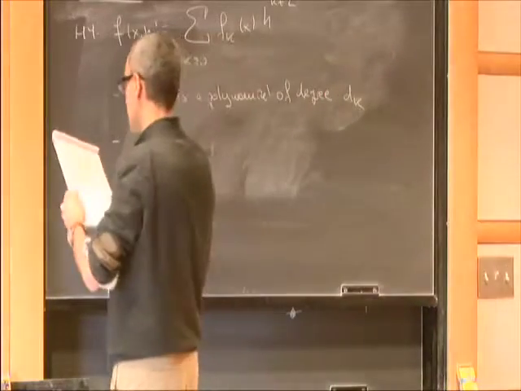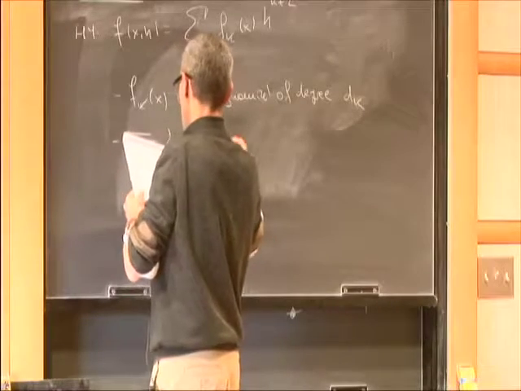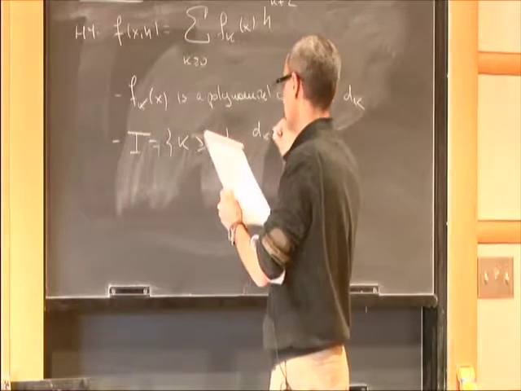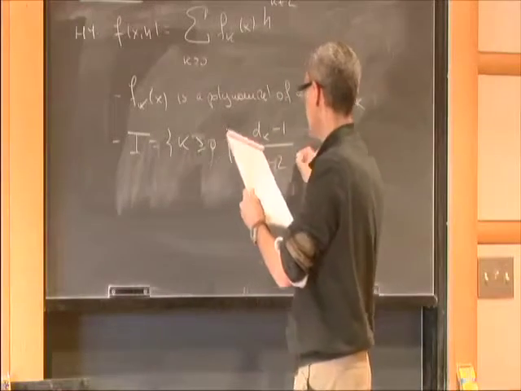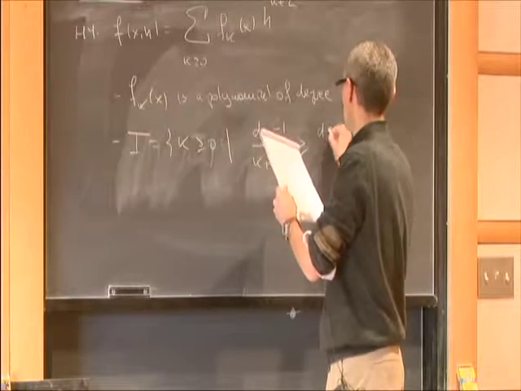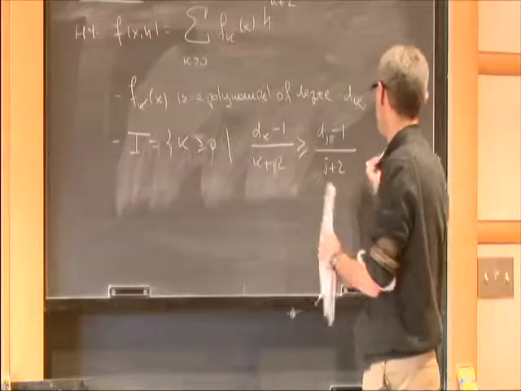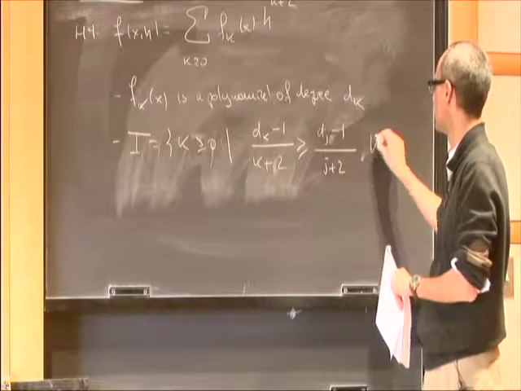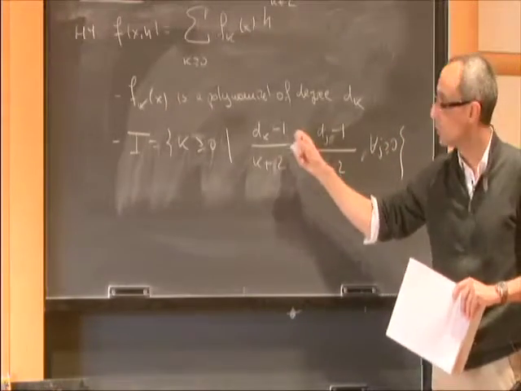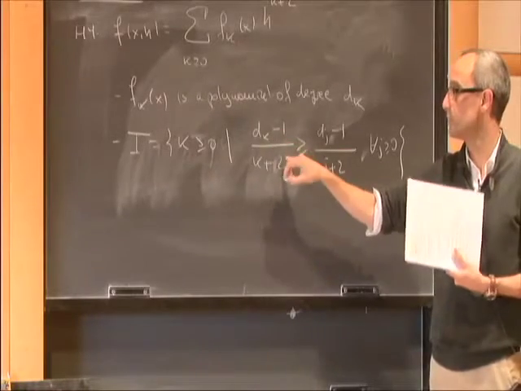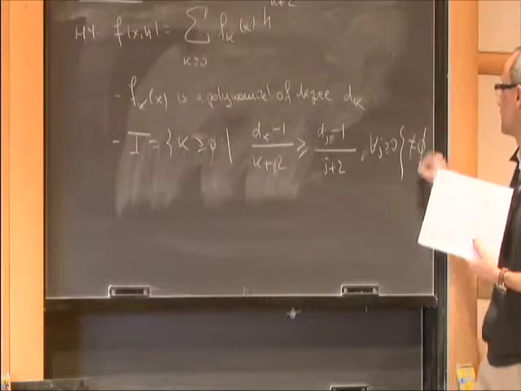And I assume also that d_j minus 1, that there are some specific cases which make this number greater than the other ones, and this set is not empty.